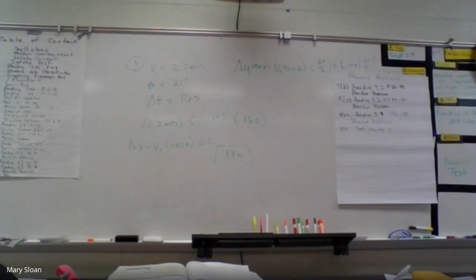So it says velocity initial, sine of the angle, change in time over 2, plus half of the acceleration in y times the change in time divided by 2, squared.